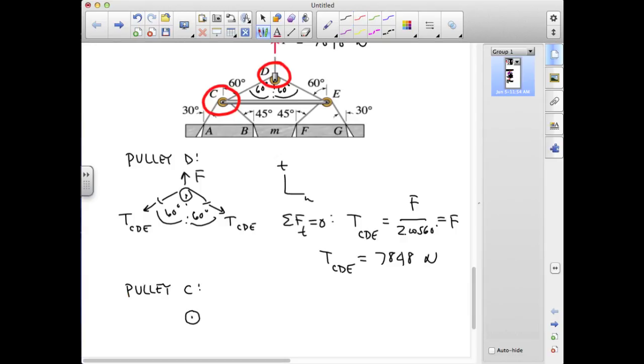Here we have the pulley, we have cable CDE coming through the center of this pulley, and that's making an angle of 30 degrees with the horizontal.